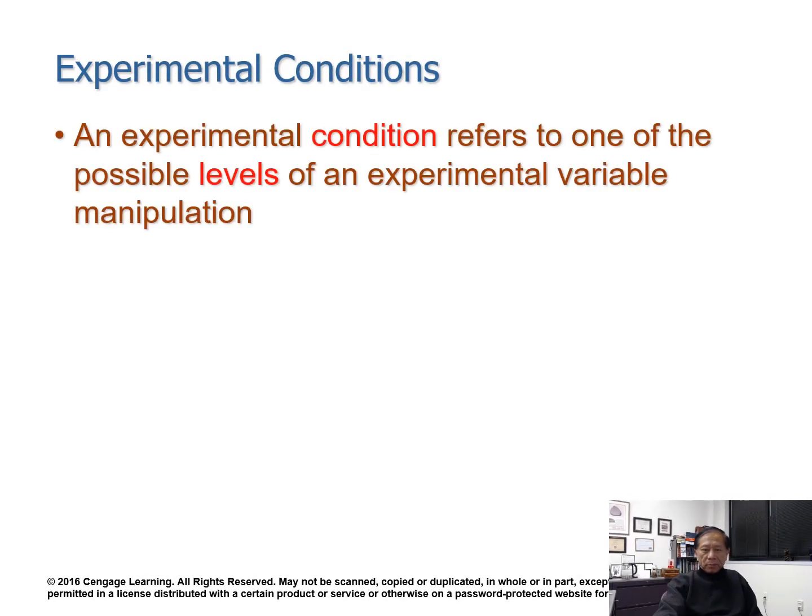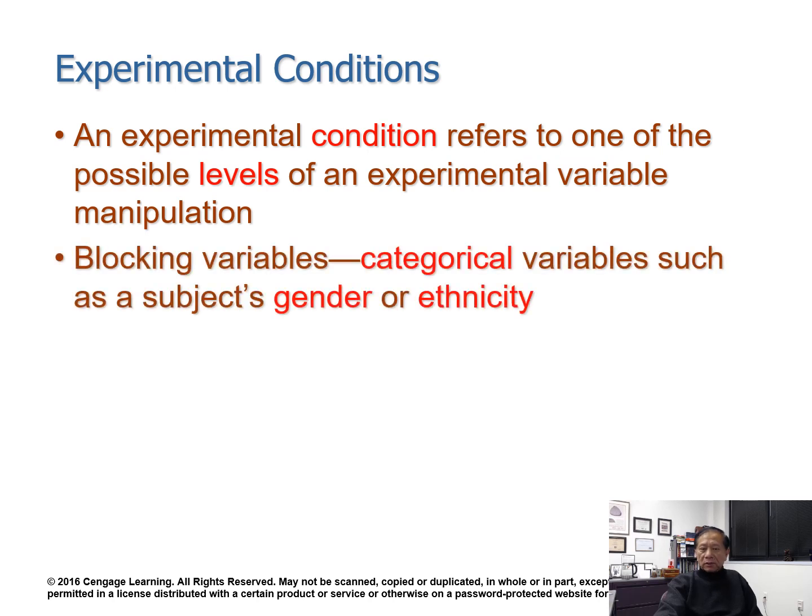Experimental conditions. What is an experimental condition? An experimental condition refers to one of the possible levels of an experimental variable manipulation. Right? For example, different colors of the wall.